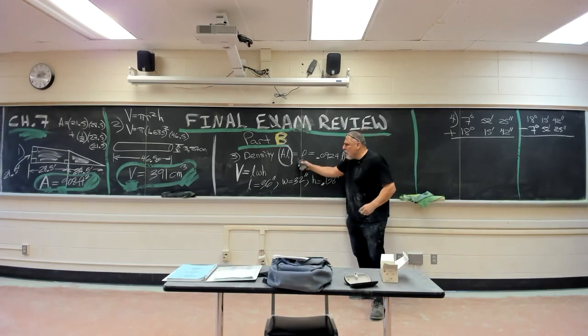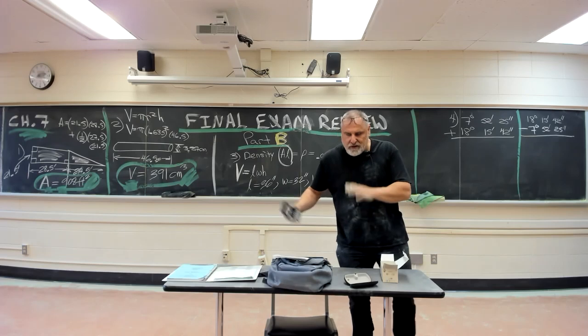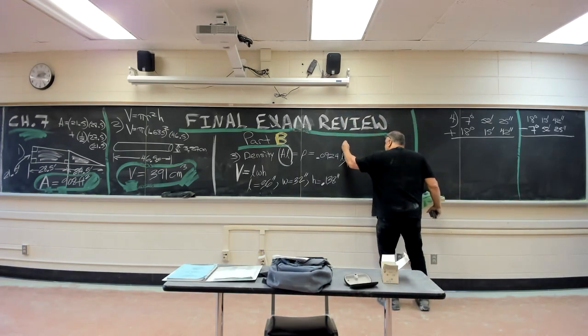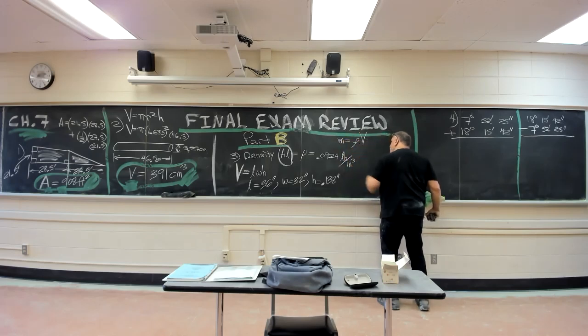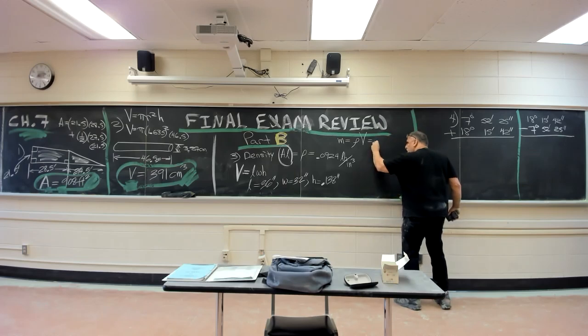Usually rho is associated with mass density, not weight density. But let's, for the sake of the mathematics that they're trying to discuss, the mass is going to be the density times the volume. The density is 0.0924.